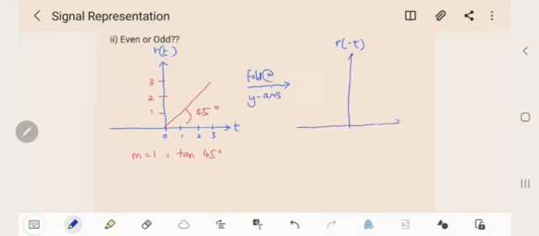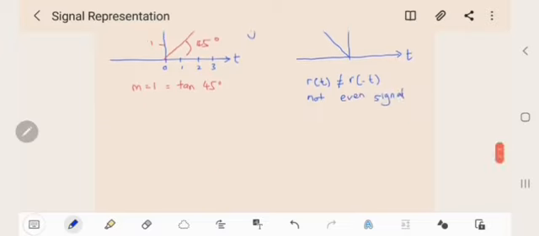We fold at the y-axis and the signal from the right-hand side becomes the left-hand side. So r(t) is not equal to r(-t), which proves that this is not an even signal because both are not the same.